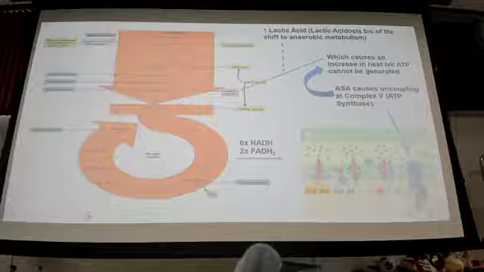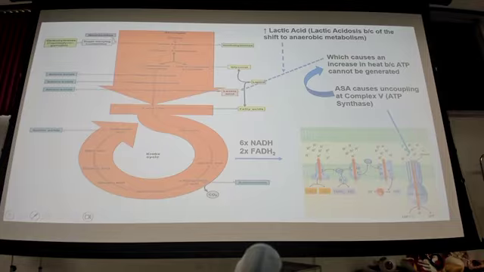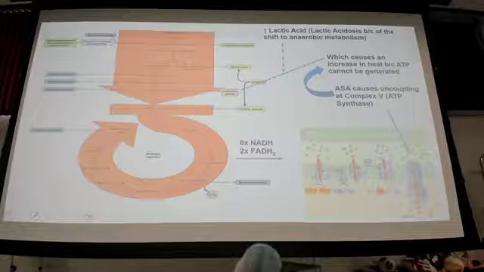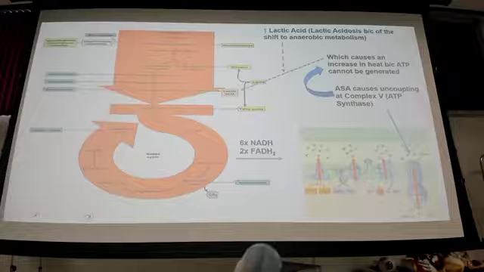So ATP production is decreased, and when that happens, that's going to cause glycolysis to undergo the anaerobic pathway, which of course will produce significant lactic acid, therefore causing metabolic acidosis.